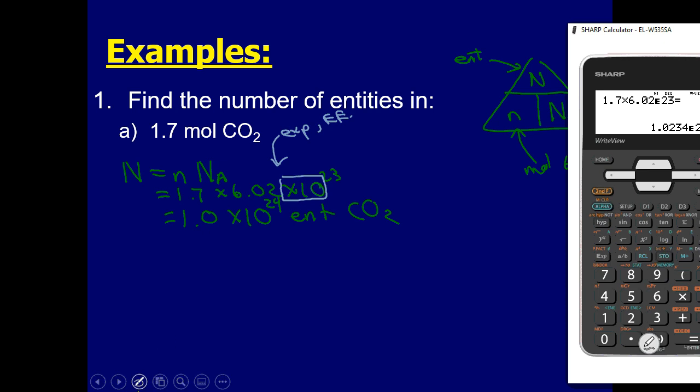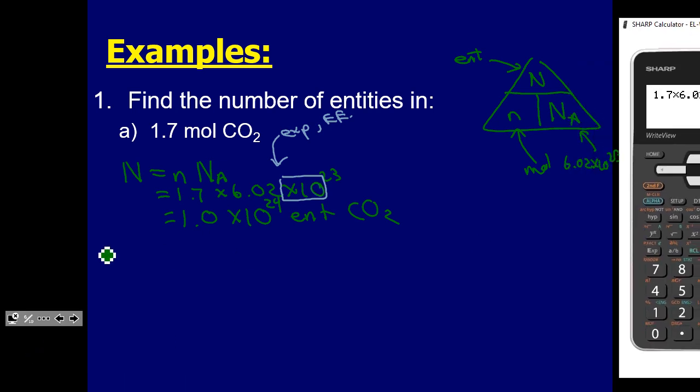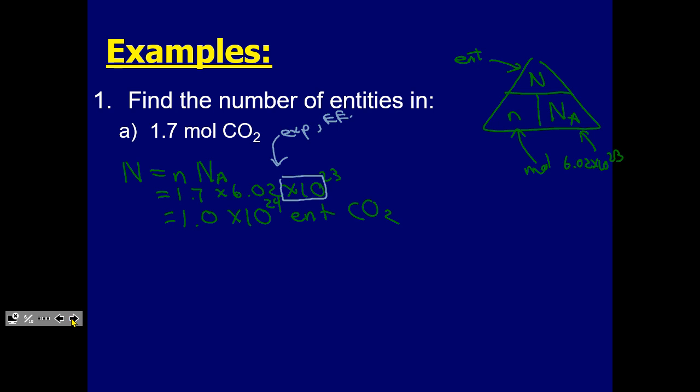Okay. Let us do the next one. Come on. There it is. So, moles of sodium chloride. I want to find the entities, so I'm going to start with the same equation.